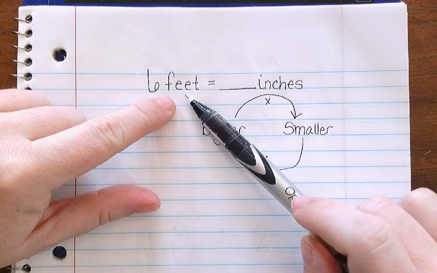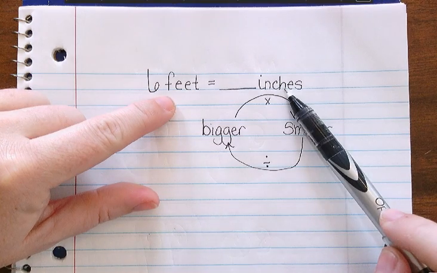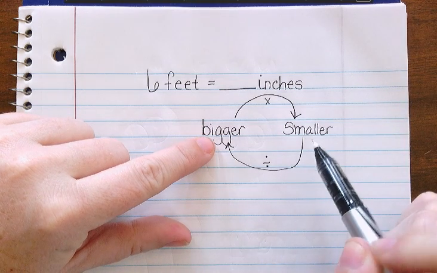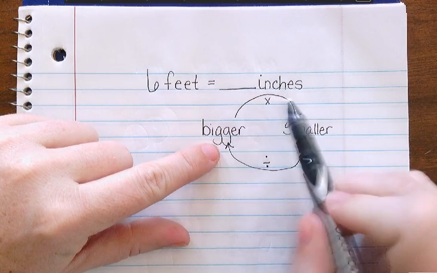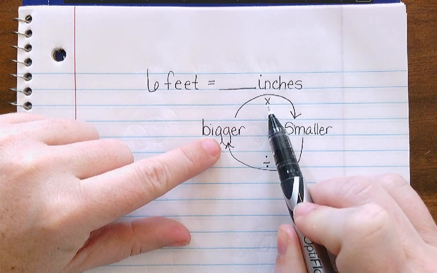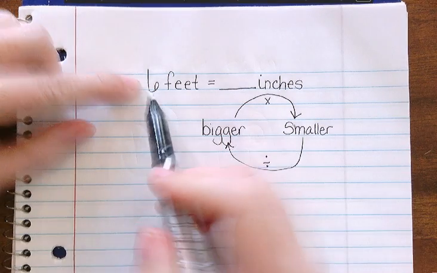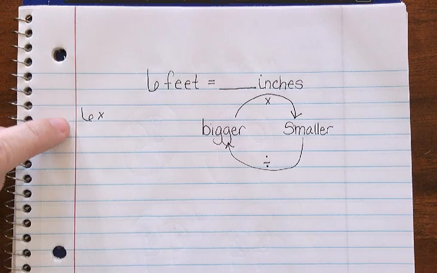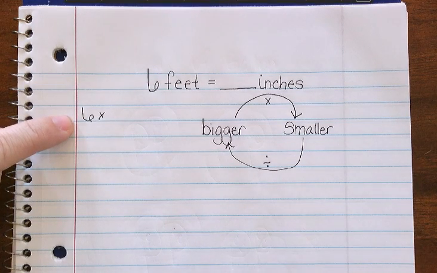Well, feet are bigger than inches, so we're going this way on our picture. So we know that when we're going this way, we're going to be multiplying. So we're going to take 6 and we're going to be multiplying here.